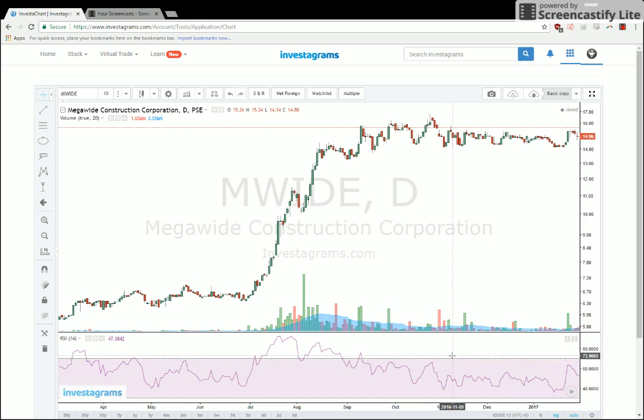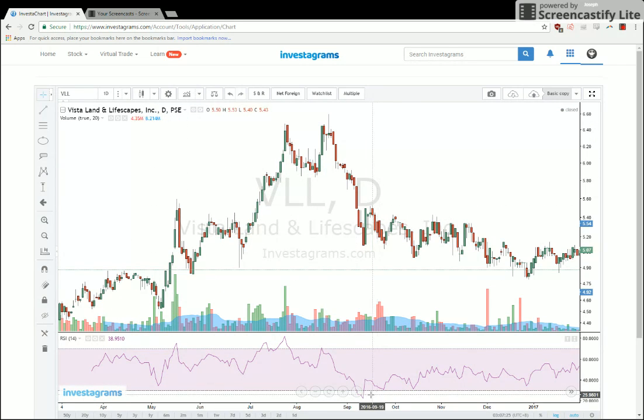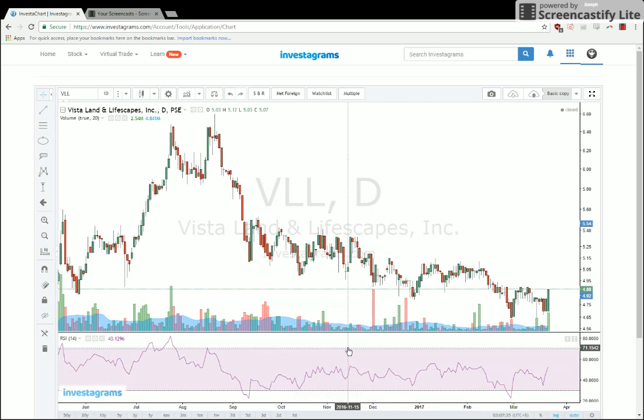So if it's above this purple box here, that means it's overbought, right? People are getting too hyped about it. Then if it's below the lower box, like let's say here, VLL, that means it's oversold, which means it's a good opportunity to buy. But again, caveat, these indicators aren't absolutes.